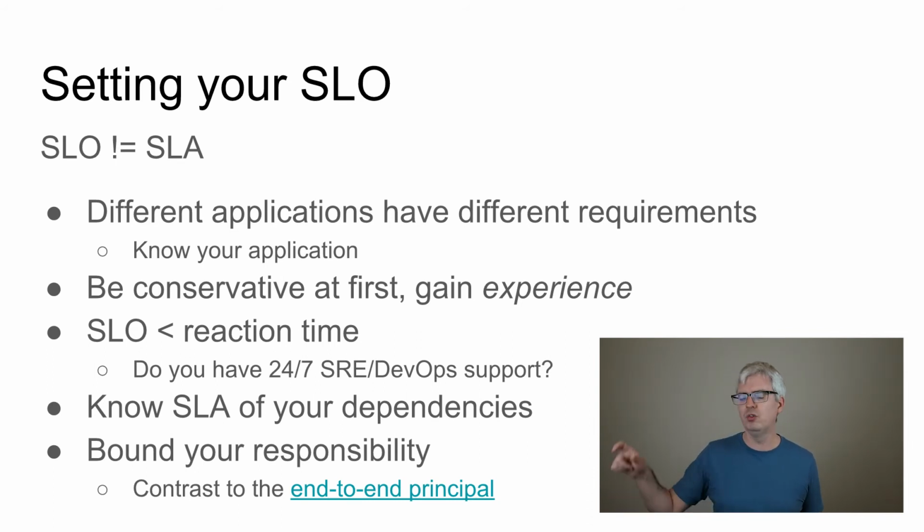So from a user's mouse click to a package dropping in someone's mailbox, if you happen to be Amazon.com. And we want to optimize that process to make it as efficient and as painless as possible. But if you're setting an SLO, well, you may not control the postal service. You may not control how reliable your end user's mice are and how well they register mouse clicks. And so you don't want to make promises about those kinds of things and have them built into your SLO if you can help it.